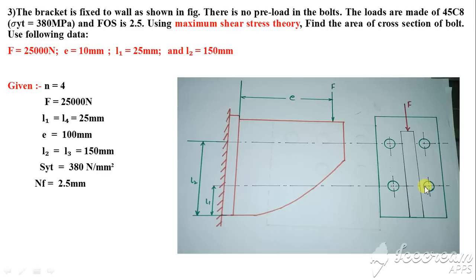So 1 and 4 distance from this will be the same, whereas for bolt number 2 and 3 it will be the same. That's why L2 is equal to L3. This 2 and 3 will be the same, and L1 and L4 will be the same. Distances are given. SYT and factor of safety are given.